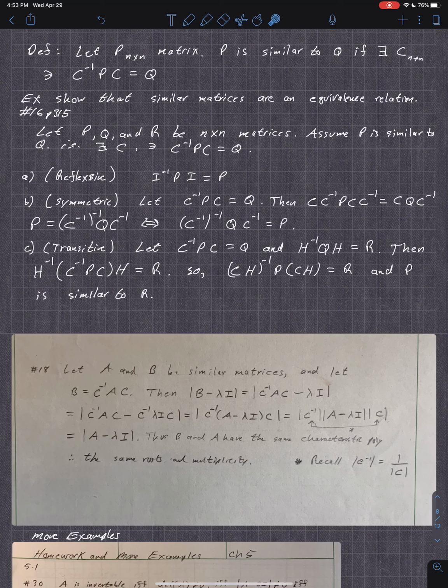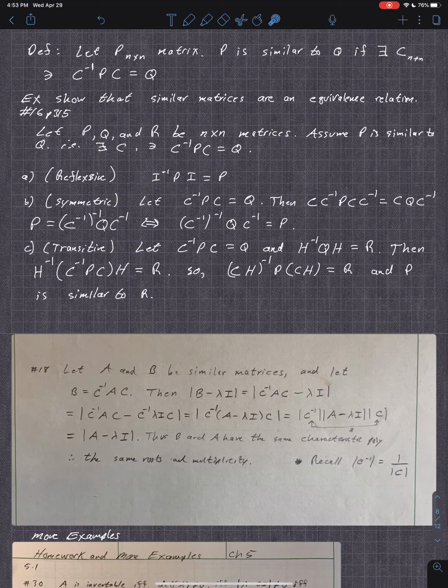Then you're using the property that says H inverse C inverse is the same as CH inverse. So here's your product equals R, and therefore P is similar to R.